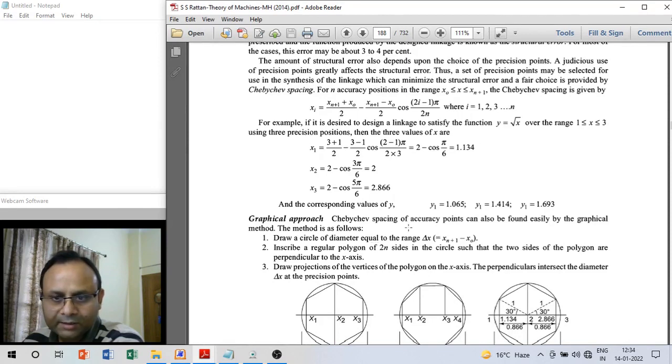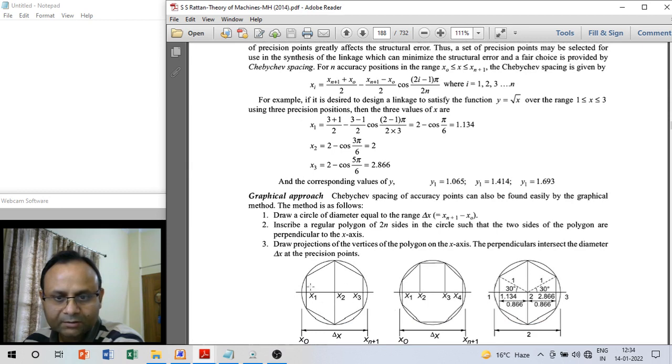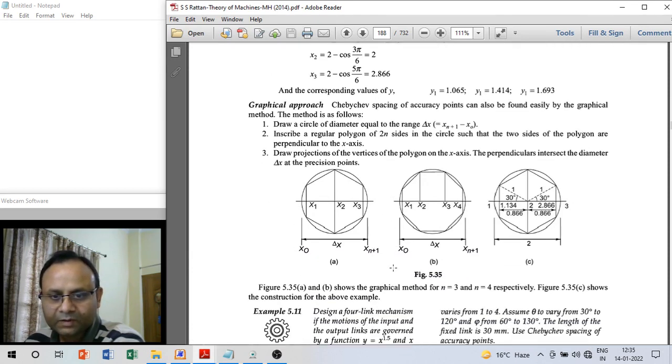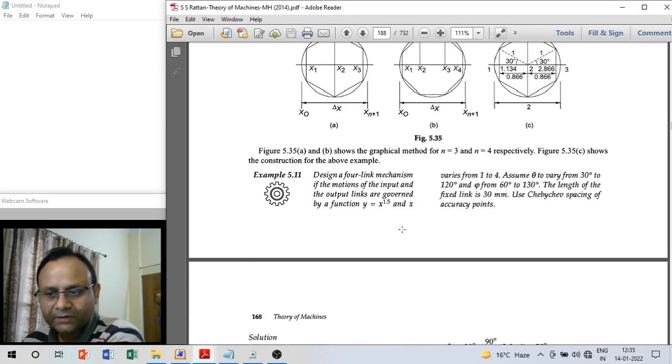Draw a circle with center at 2 and radius equal to (3 minus 1) by 2, that is 1. So draw a circle with center at 2 and radius of 1. Then draw a regular hexagon for 3 accuracy points, and take the projection of vertices on this number line or x-axis, whatever you want to call it, and those will be the accuracy points. So this is the method, and one example is given here.